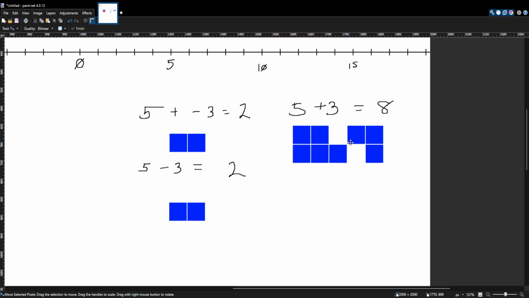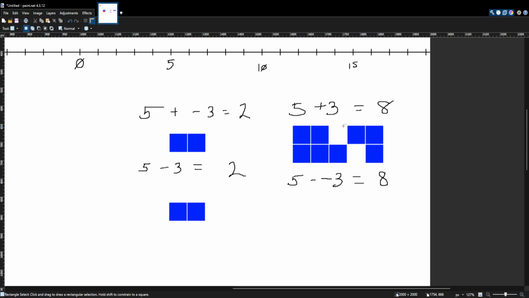And 5 plus 3 is 8 when I squish those two groups together. So what about 5 minus negative 3? What is that going to equal? If we see the pattern over here, it's highly likely that this is going to be 8.